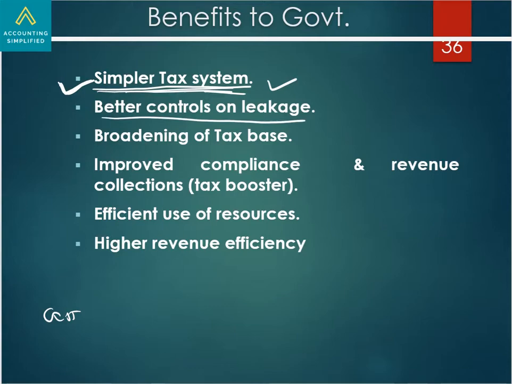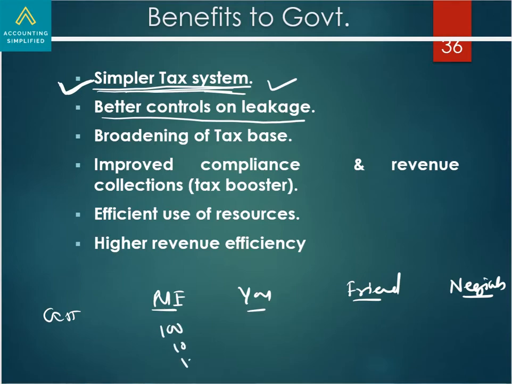Better control on leakages. As I said, in a working model of GST, suppose I have given an example. Suppose this is me and this is you and this is your friend, and there is a neighbor. I hope that you learned this example, and if you have not, just watch video number 3. So I have sent goods worth rupees 100.